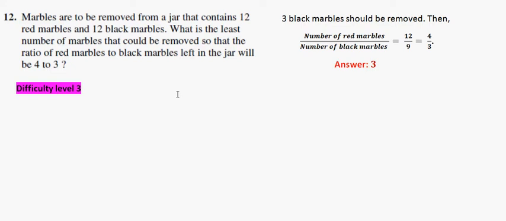If we remove 1 or 2 marbles from the jar, then either the number of red marbles won't be divisible by 4 or the number of black marbles won't be divisible by 3. Therefore, 3 is the least number of marbles that could be removed.